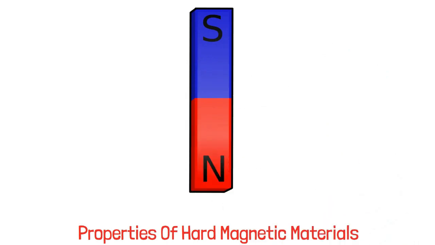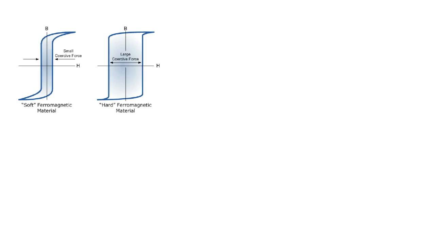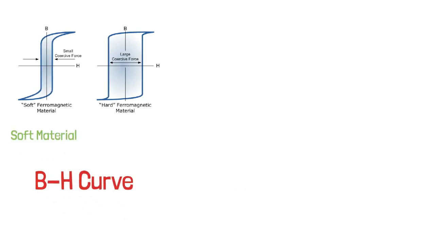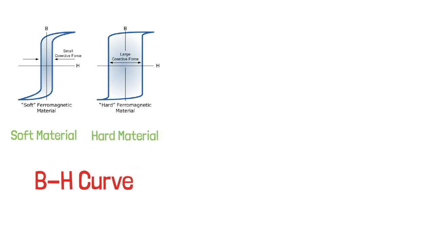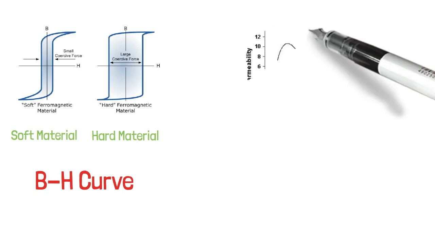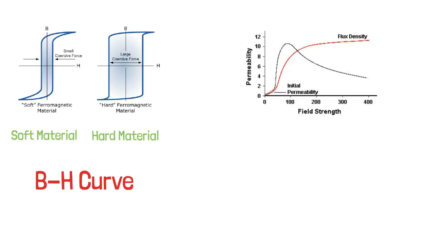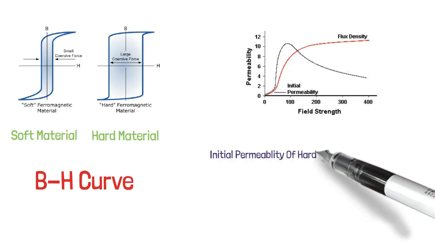Today I am going to tell you about properties of hard magnetic materials. As you can see, this is the BH curve. On the left hand side you can see it's for soft ferromagnetic materials, and the right hand side is for hard ferromagnetic materials. The major differentiation between them is the coercive force. On the right hand side you can see the graph for the initial permeability. The initial permeability of hard magnetic material is very low.